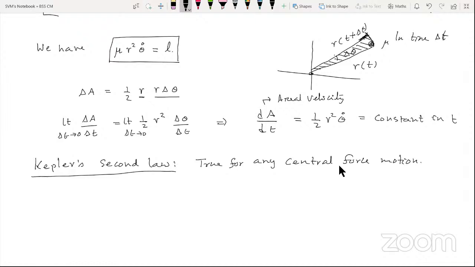Or in other words, Kepler's second law, that equal areas are swept in equal intervals of time, is actually the same as conservation of angular momentum, because from conservation of angular momentum, you can show that areal velocity is constant. So this is one very general result for any central force motion. Kepler's second law is true for any central force motion. So that is one conclusion that you can draw.